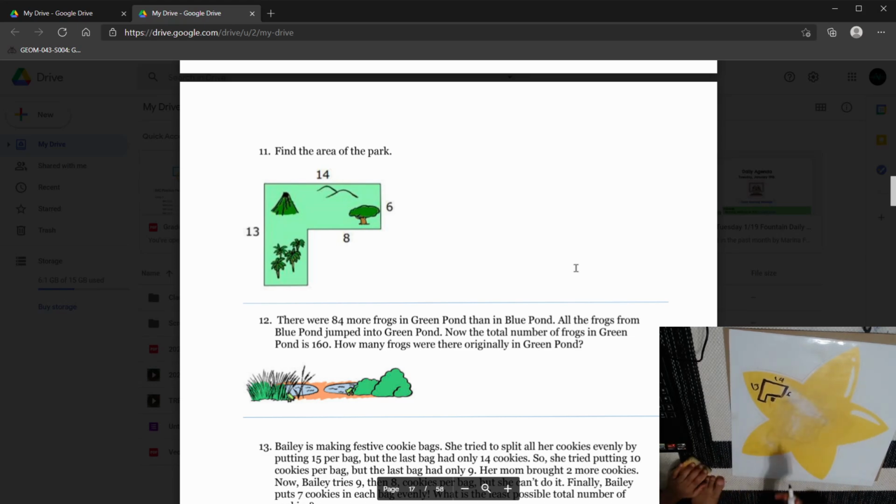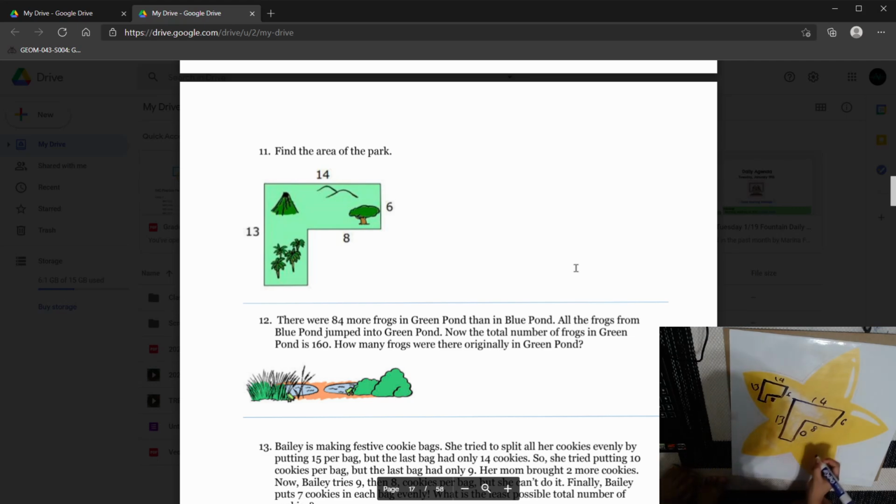So now that we have 182, all we have to do now is we have to find out this side. And so how we find that out is 13 minus 6.